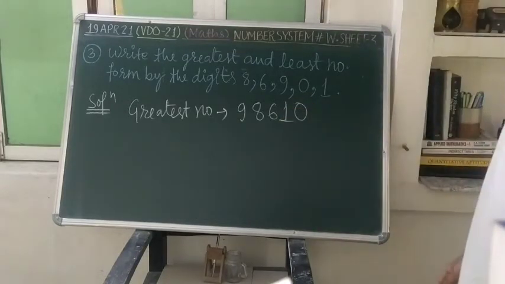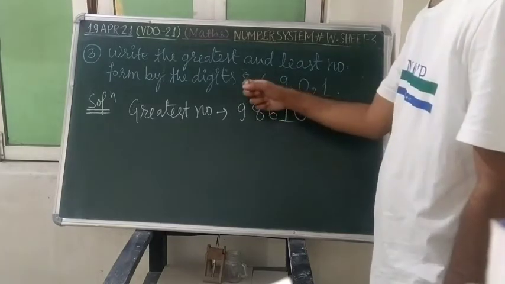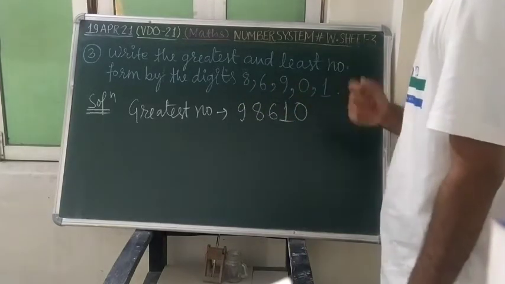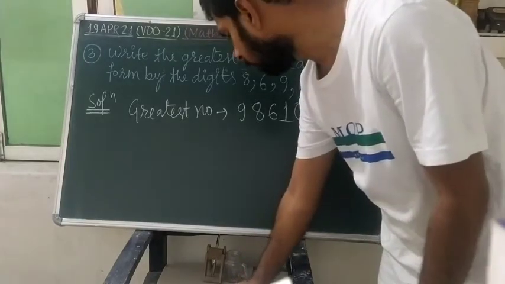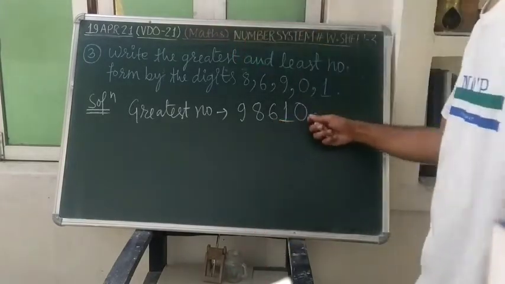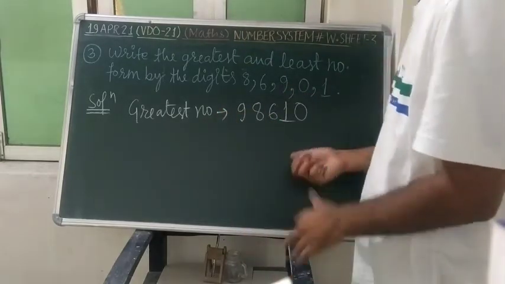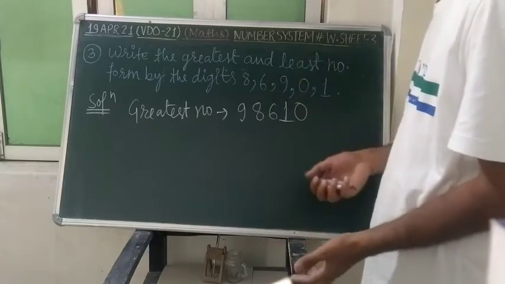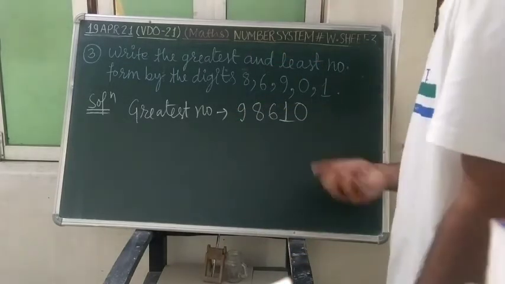So we will write it like this. So the greatest number formed by these digits will be 98610. We start from the biggest digit, which is 9, and move to the lowest digit, which is 0.